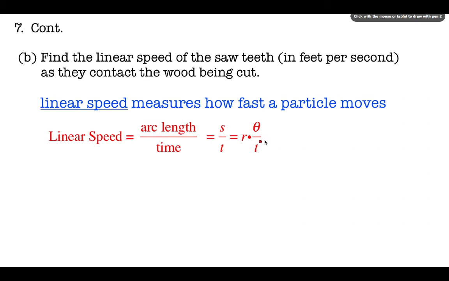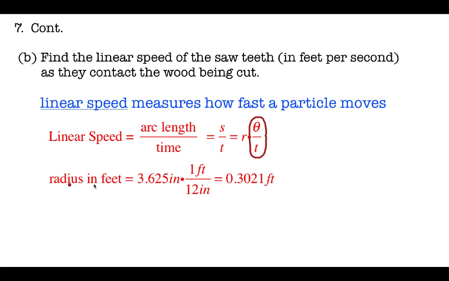But notice that this represents the angular speed from part A. So all we need to do is take part A and multiply times the radius. Since they want feet for feet per second, and in the problem they gave you inches, we're going to have to change that. So radius in feet, we take the inches, use unit analysis.